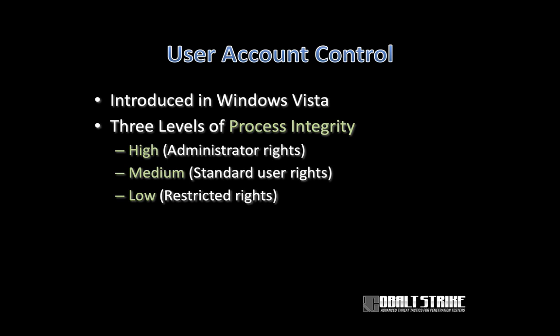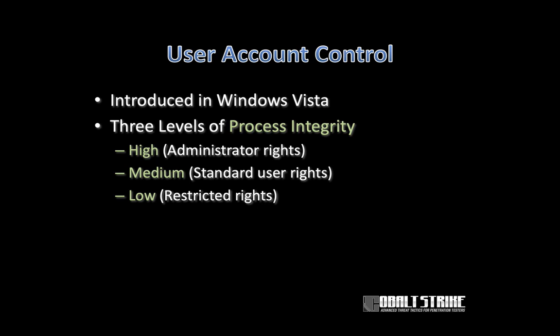Windows is a bit more nuanced than that. And I know when I was learning this stuff, and hell, as I'm still learning this stuff, I find that aspect of Windows very confusing. One of the technologies in Windows that is part of its access control model is user account control. User account control is a collection of technologies introduced in Windows Vista to wean Windows XP users off of doing everything with an administrator account.